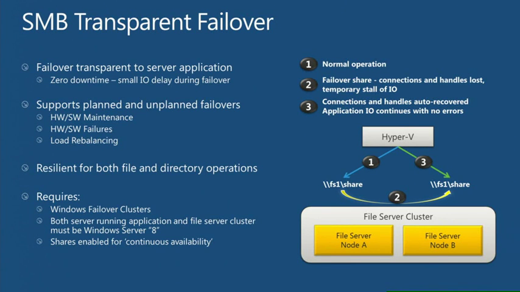Does that make sense? So if you had an open file on one node, you had an open file when you move to the other node. If you had locks, the locks will be there when you get to the other side. In fact, Hyper-V will be unable to tell that something happened. What Hyper-V might see is just that there was some operation that took a little longer to complete. That's it, a few seconds longer.